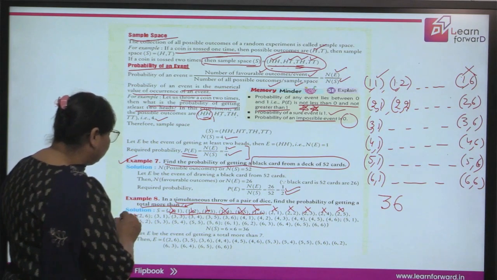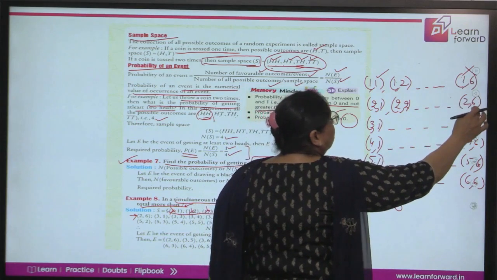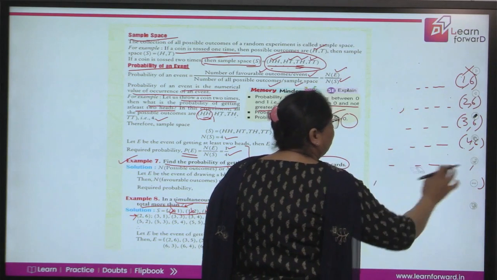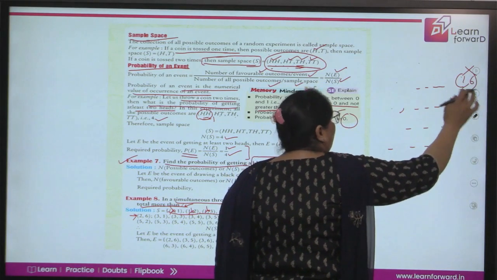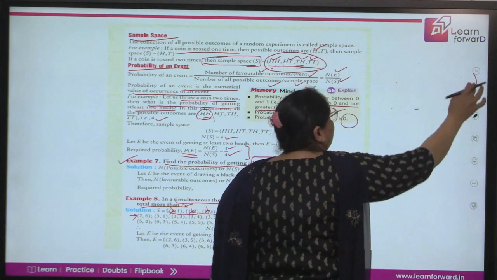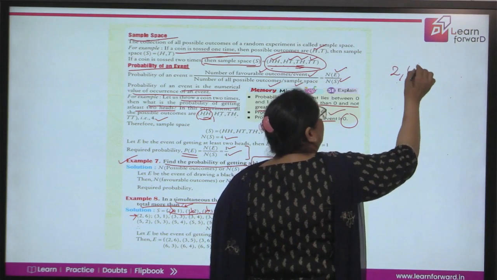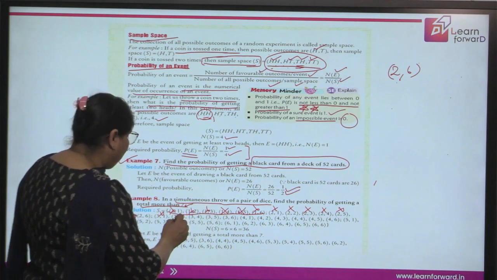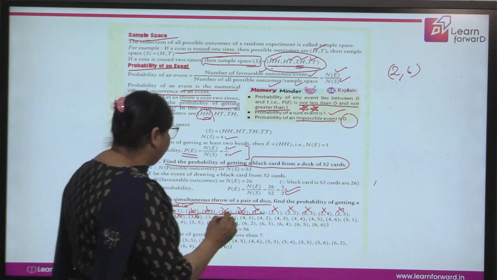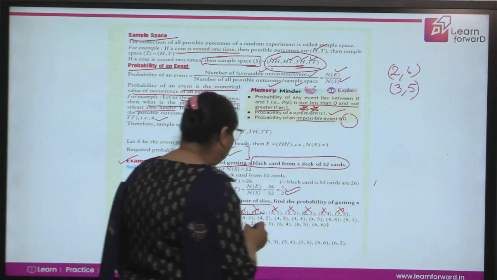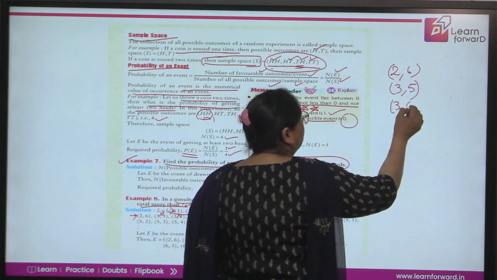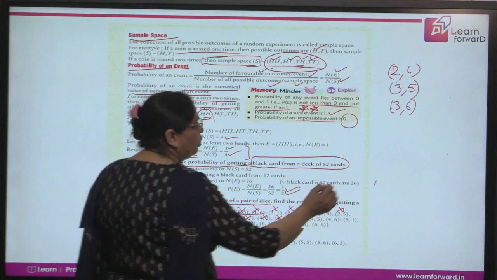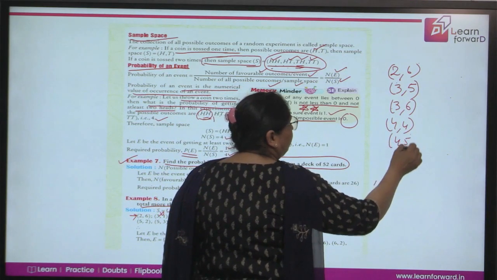So first is 2 6, we will take it and consider it as a favorable case. 3 1, sum 4, is not taken. 3 2, 3 3, 3 4 are not taken, 3 5 we will take, and 3 6 we can also take, its sum is 3 plus 6 is 9. 4 1, 4 2, 4 3 we won't take. Next is 4 4, 4 5, 4 6.